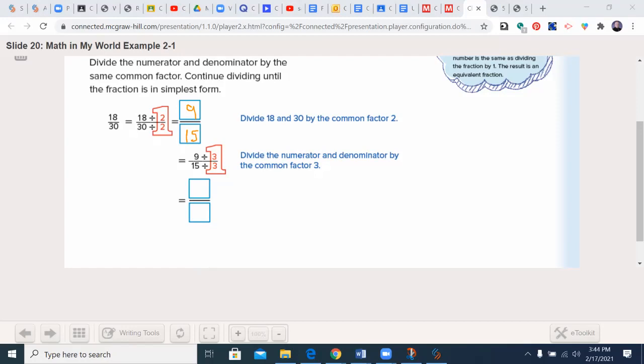So I can divide both of those by 3. 9 divided by 3 is 3. 15 divided by 3 is 5. So my simplest form of 18/30ths is actually 3/5. These are equivalent. If I gave you 18/30ths of $1 million, it'd be the same amount of money as 3/5 of $1 million.